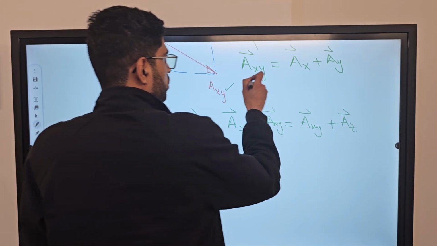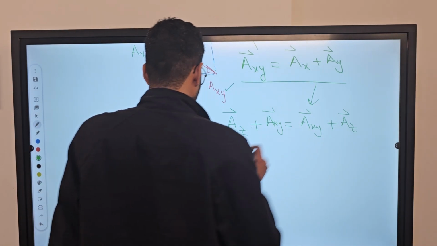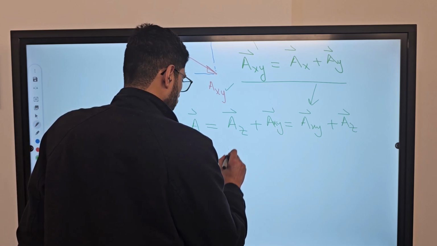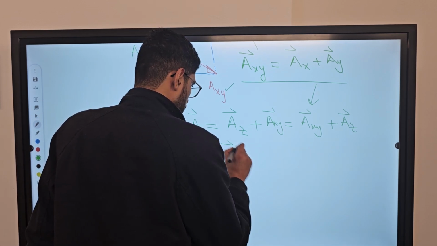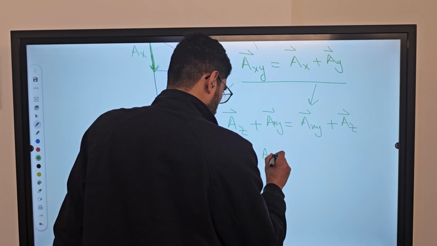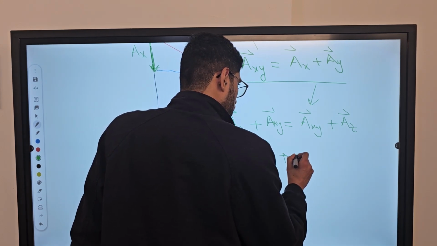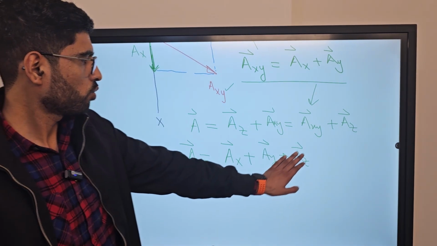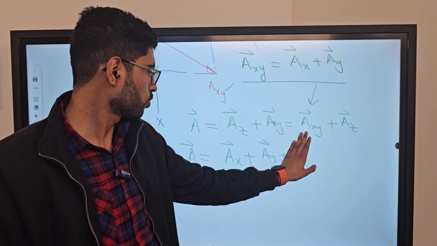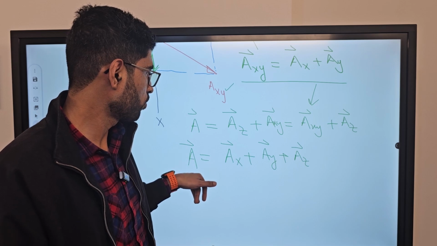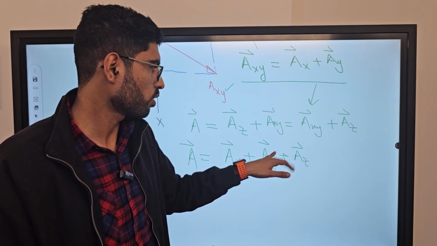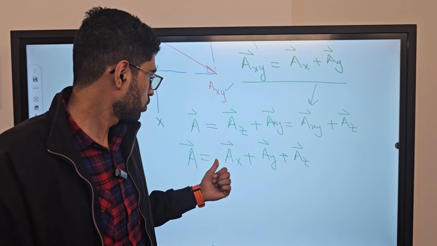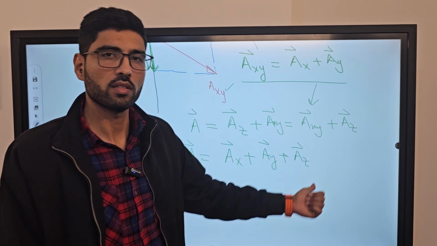And now if I substitute this axy here, then a vector is equal to ax component, ay component plus az component. So in 2D there were only two components, so we used to write the force F equals fx plus fy, and in 3D there is another component, so ax plus ay plus az.